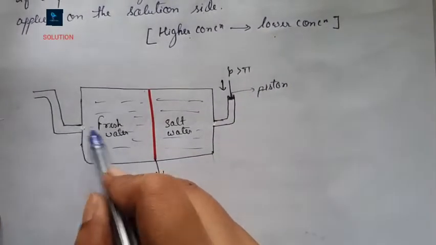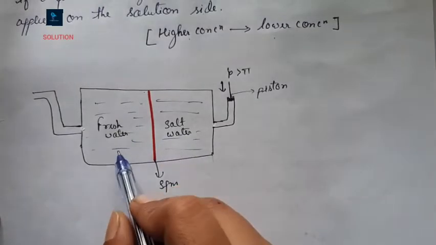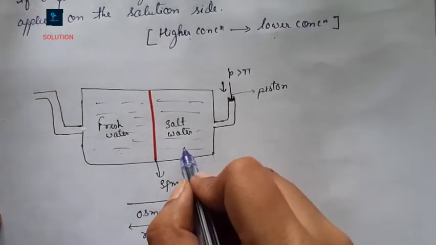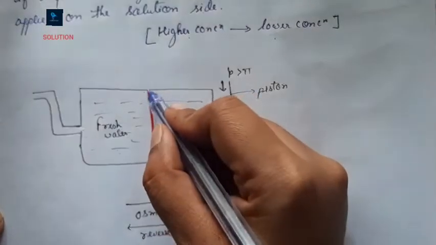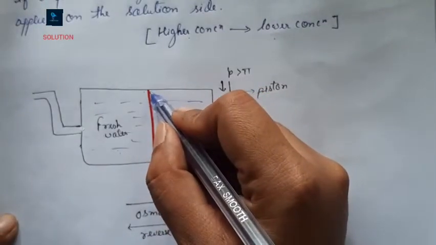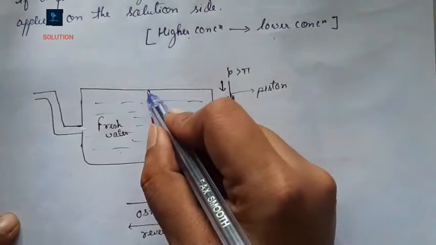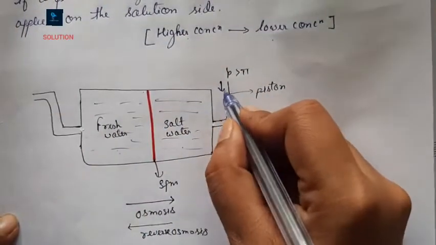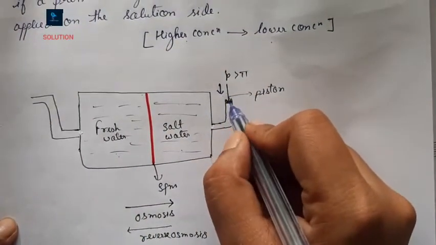Here I am taking two solutions. One is fresh water and the other is salt water, and a semi-permeable membrane is present in between. If we apply pressure, this is a piston.